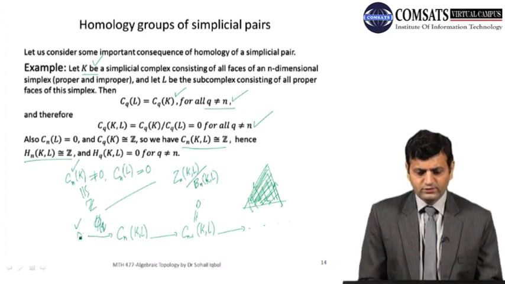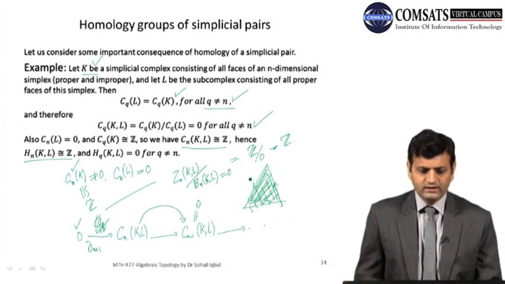There is 0 over here, so the only element belonging to Bn is 0, because this is a homomorphism. The only elements which are images of the map partial n plus 1 is 0, so this denominator is 0. And Zn(K,L): since every element is going to 0, because Cn minus 1 (K,L) is 0, Zn(K,L) is Cn(K,L). So this is in fact equal to Z quotient with 0, and of course this is Z. And all the elements of Hq(K,L) are 0 due to the same reason, because every other element is 0 in this sequence.